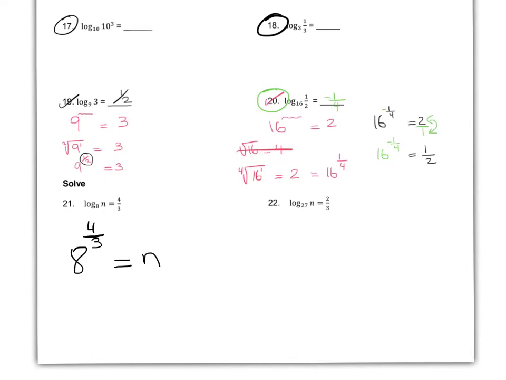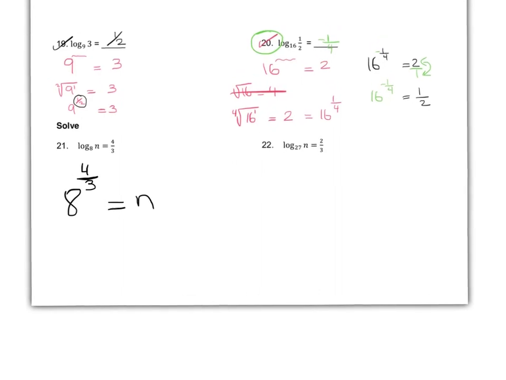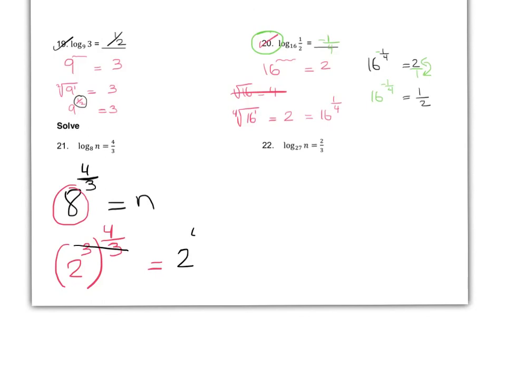You might say this looks complicated, but 8 can be written as 2 to the power 3, because 2 times 2 times 2 is 8. So instead of 8, you put 2 to the 3rd, and then raise it to the 4/3. The 3 and the 3 cancel out. You are left with 2 to the power 4, which is 16. So n is 16. Now go ahead and try 22 on your own.